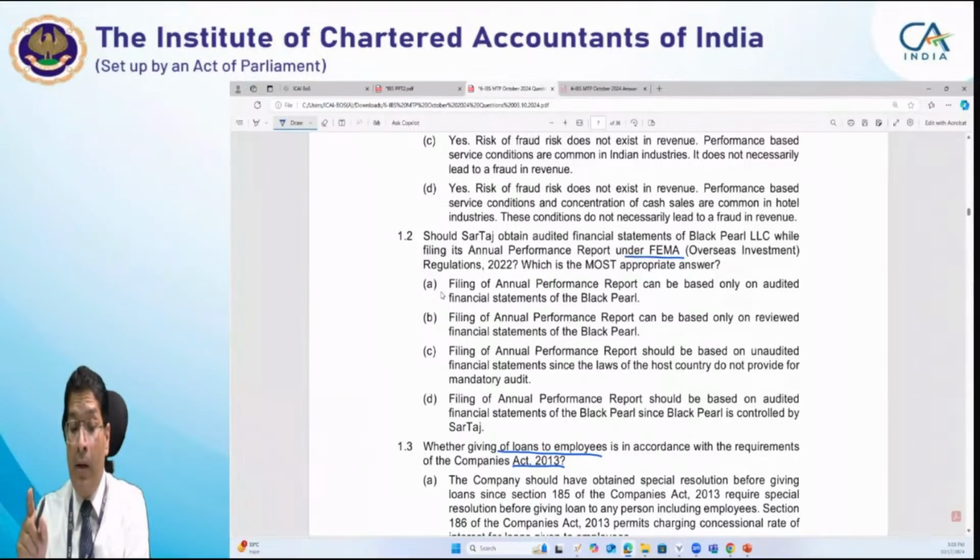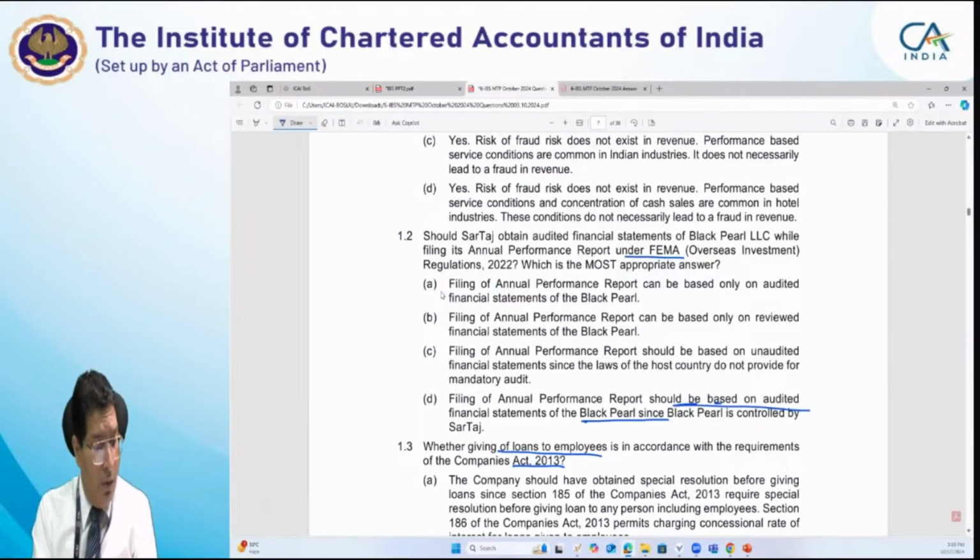When Indian resident has control, then audit is mandatory. In this case, since company is having full control on Black Pearl, it should be audited. Therefore, answer D is correct.